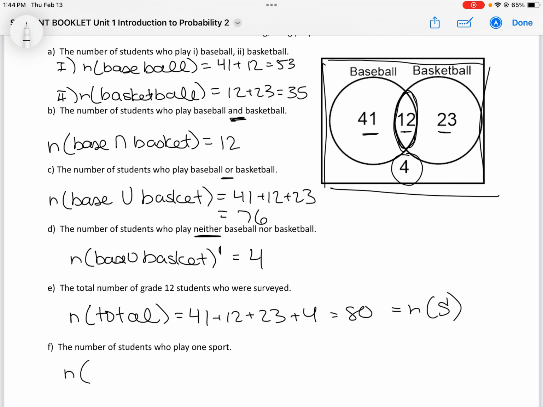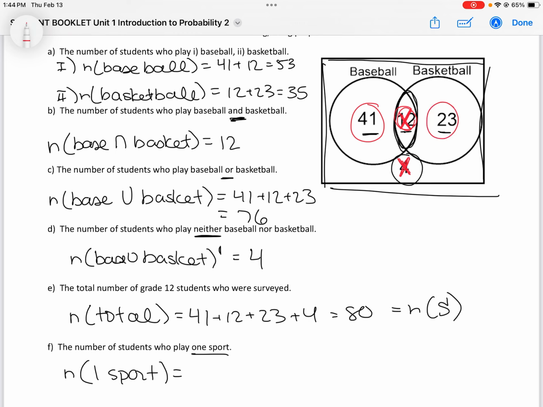Okay, now, the number of players who play one sport. And I'm just going to write that as one sport. So we can specifically look at this Venn diagram and say these individuals play 2 sports, so we're not talking about that. These individuals do not play either baseball or basketball. By one sport, of course, the assumption is either baseball or basketball.